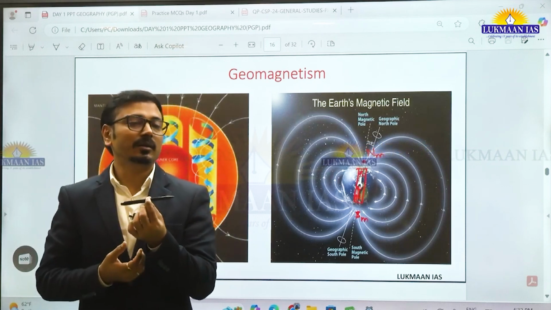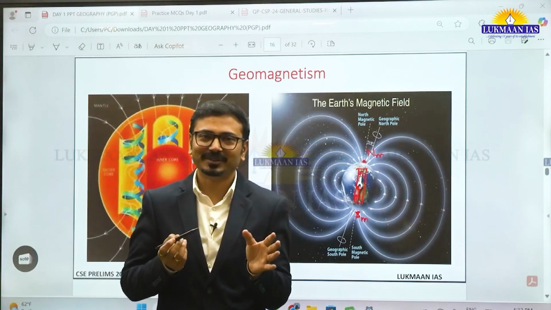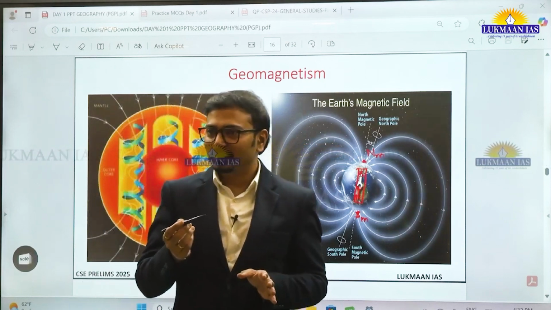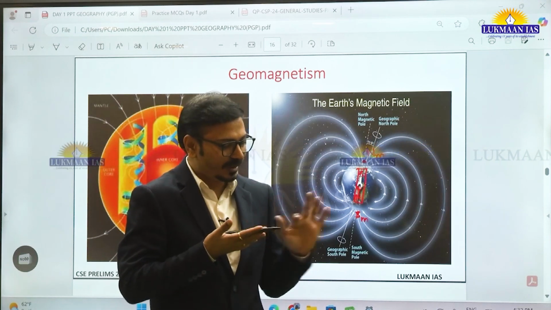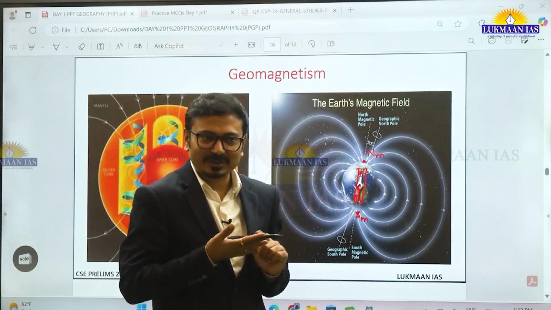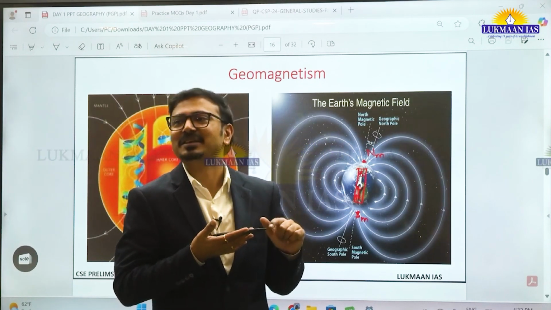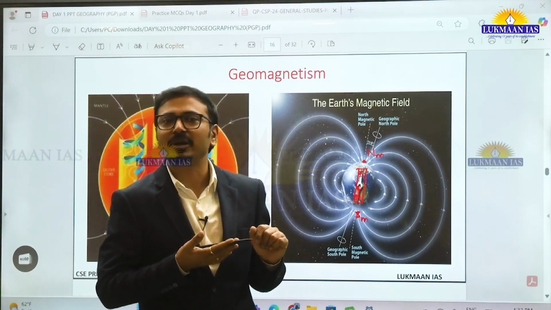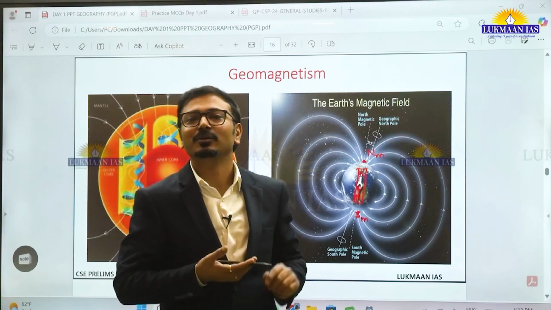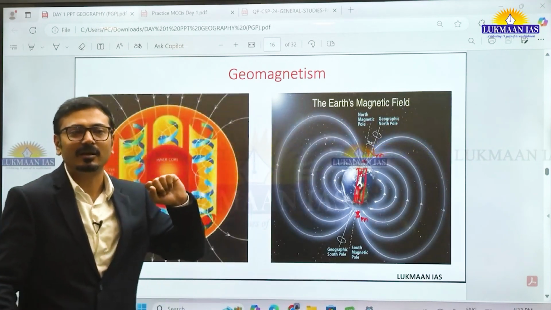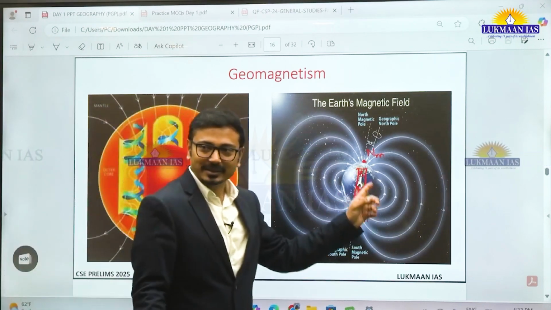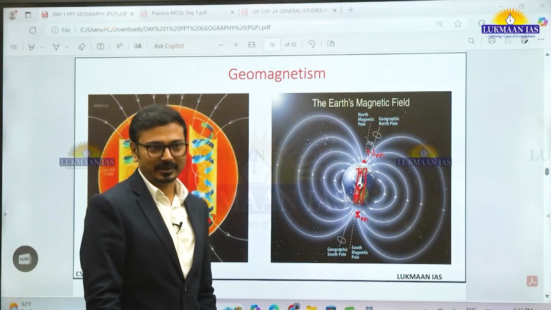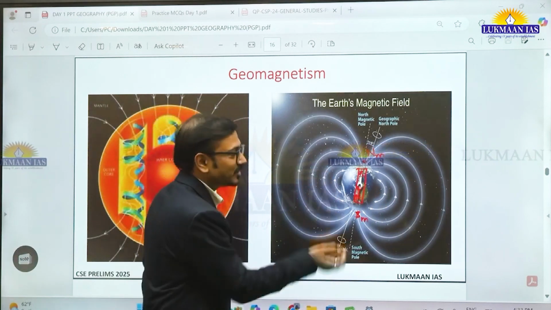Why? Because suppose the captain of a ship is having the compass, and in that it is moving like this, the compass is showing like this in the north direction, and if suppose there is mention on the compass that it is साउथ डायरेक्शन, तो ही विल बी कंफ्यूज. मुझे तो नॉर्थ में जाना था, ये साउथ दिखा रहा है. उसको क्या फर्क पड़ता है? उसको तो सिर्फ डायरेक्शन से फर्क पड़ता है ना, उसको थोड़ी समझना है ज्योग्राफी. सो फॉर आवर अंडरस्टैंडिंग वी हैव नेम्ड इट एज नॉर्थ पोल. इनसाइड द अर्थ इट इज द साउथ पोल ऑफ बार मैग्नेट, एंड दैट्स व्हाई द मैग्नेटिक फील्ड डायरेक्शन इज ऑल्सो शोन लाइक दिस.